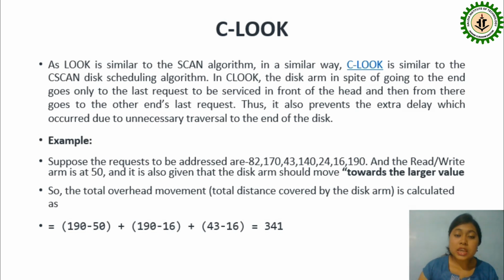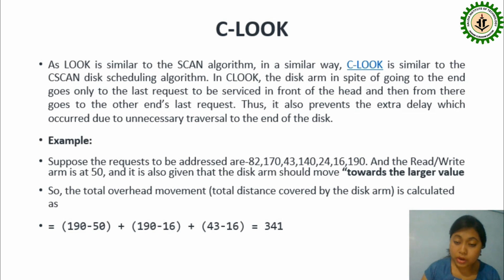Okay. Then from 190, we are not going to the other end, that is 0. Instead we go to the last small request of the other end. What is the smallest request on the other end? That is 16. So the arm goes to the last request to be serviced in front of the head, and then from there it goes to the other end's last request.